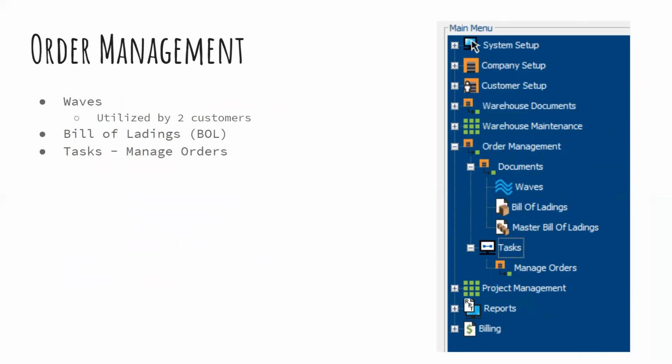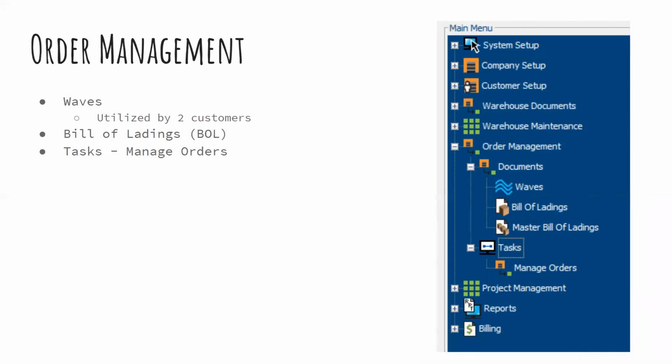Our next option is order management. For the most part, the waves option is used for 2 customers. A wave is simply bulking any orders together based on a specified criteria.